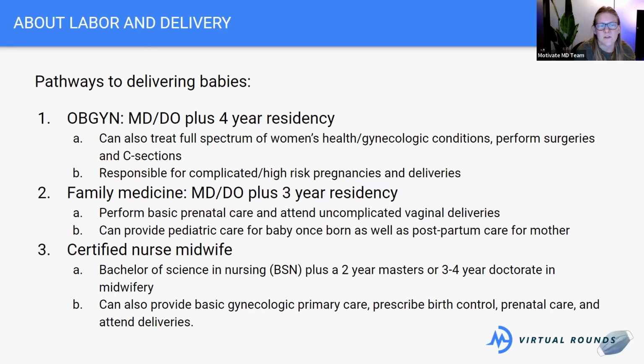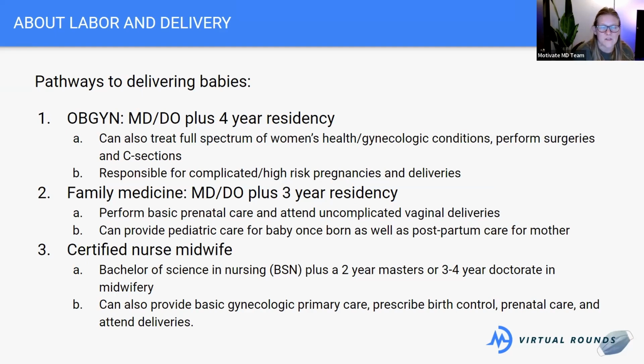The differences between OBGYN and some of the other options is that you can perform surgeries, like C-sections, and you can do other gynecologic care that maybe other people wouldn't be able to do. And OBGYNs, because they're so highly specialty trained in pregnancy, are responsible for the more complicated and higher risk pregnancies and deliveries.